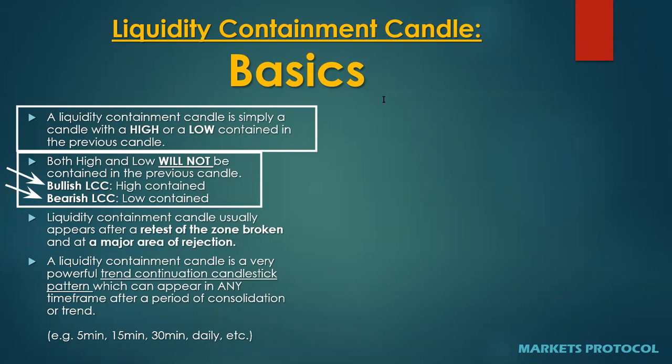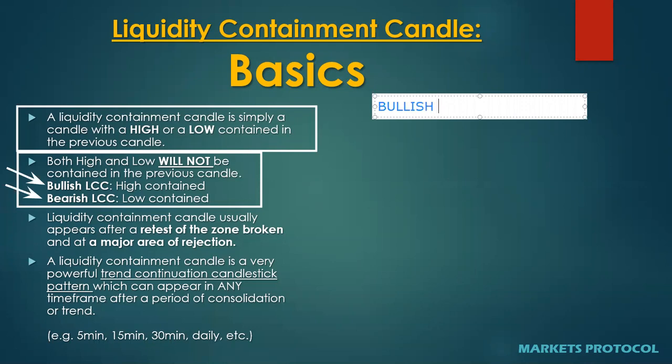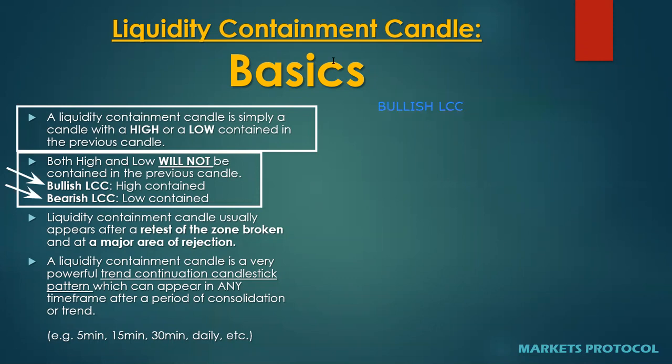Let's start with the bullish. Let's talk about the bullish liquidity containment candle. What you can expect in this type of setup is this: price will be trending bullish or bearish.